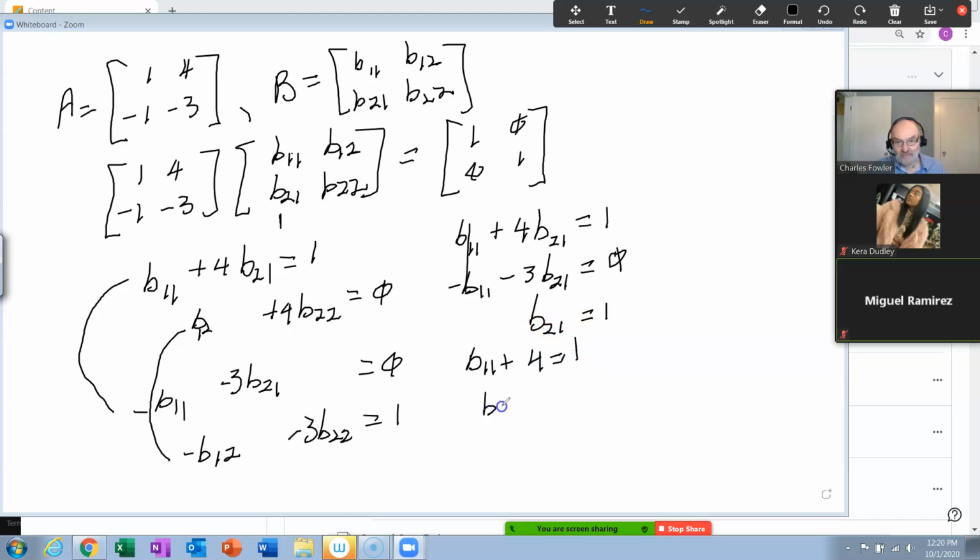So B11 is equal to negative 3. Okay? Well, I'll write it there. Negative 3, I'll write it there. Okay. Now, let's do the same with the second pair of equations. Let me do that here if I can.